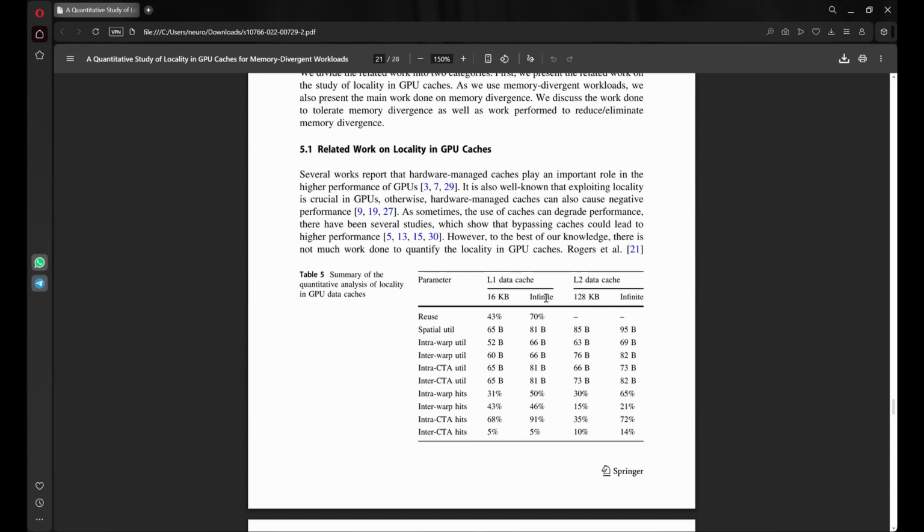You can increase the L1 cache at the expense of shared memory for each SM. So some of these papers are useful to arrive at those design decisions, even in modern GPUs. Yeah, that's pretty cool.